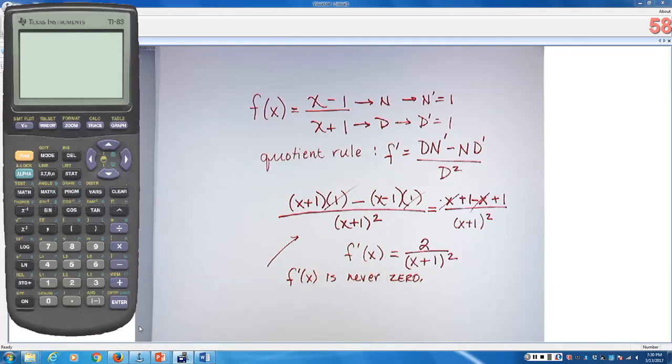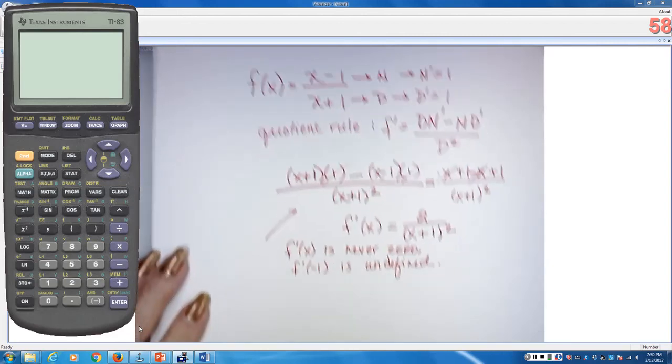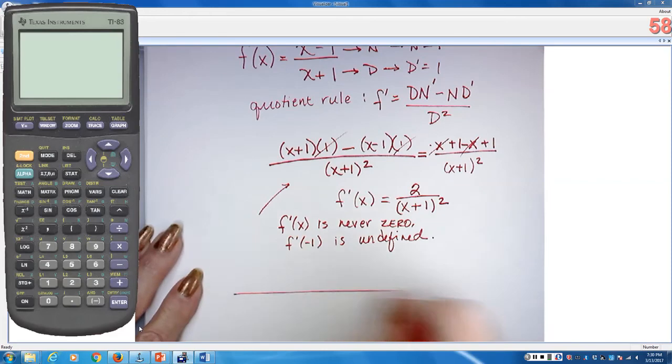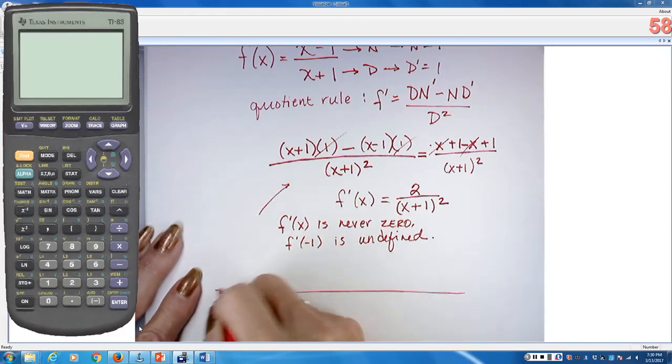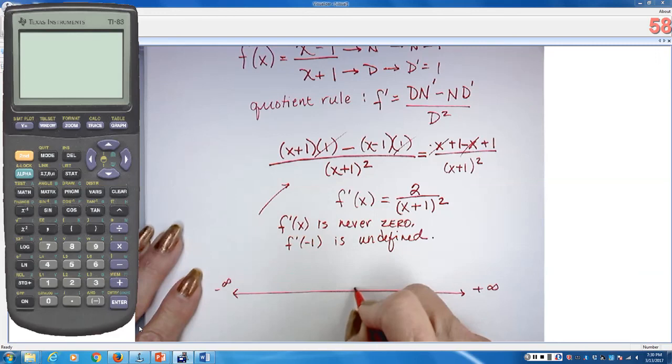At -1. Therefore, the only critical number we've got is -1.